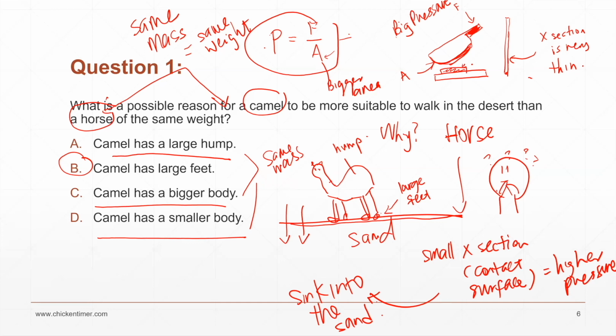On the other hand, what happens if the camel has a greater mass? Let's say camel has a greater mass than the horse, and then their feet size is the same. Then who will sink into the sand? Okay, I write the two options for you.